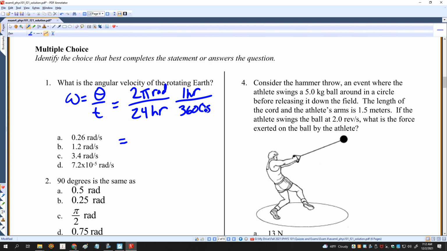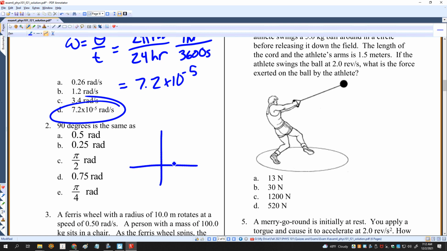So that's going to be 2 pi. I get 7.2 times 10 to the minus 5 radians per second. 90 degrees, that's this angle, so that's pi over 2.